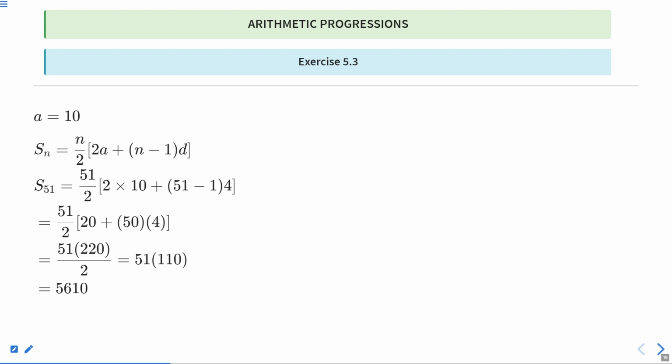Okay, and this is equal to 51 by 2 times 20 plus 50 times 4. That is equal to 51 times 220 by 2, that is equal to 51 times 110, that is equal to 5610. Okay, so the sum of first 51 terms is equal to 5610.